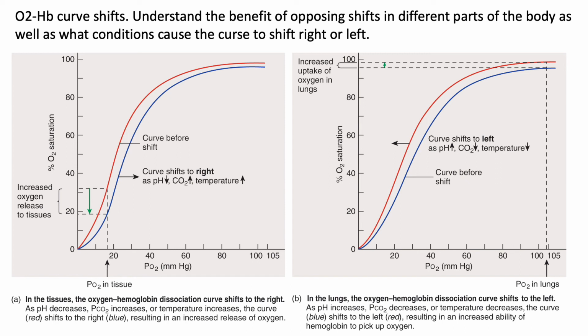Okay, so a shift to the right is also beneficial because it causes us to actually drop off more oxygen. If you notice the dashed line above a PO2 of 15, you follow that up to the red line, and initially without the shift, we would walk out of there with slightly over 30% oxygen saturation.